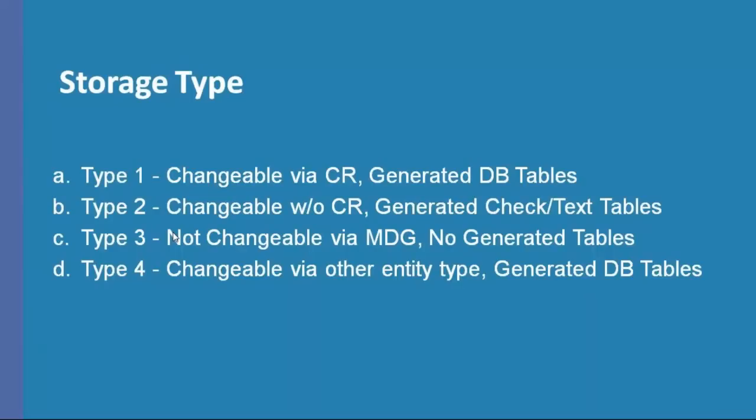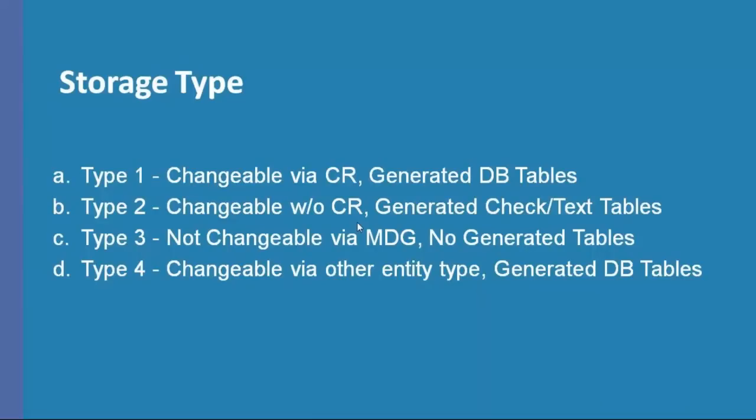The reason is, if you go by the description, it says this type of entity type is changeable without change request. So far, all the time we discussed that anything and everything we do in MDG is through the change request. Whether we are creating something, changing something, doing mark for deletion, block, unblock, mass processing, whatever we do, we do through the MDG change request.